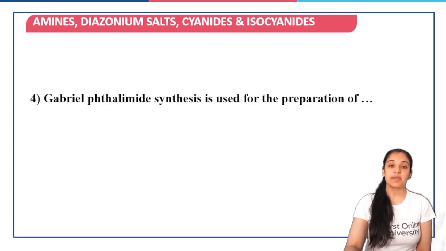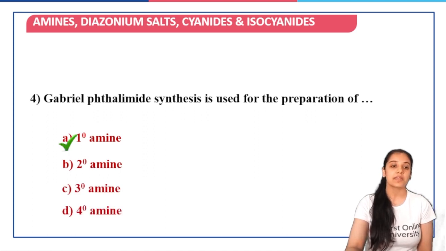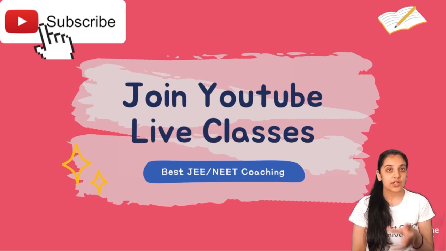Next question is, Gabriel phthalimide synthesis is used for preparation of, we have already seen that it is only and only primary amine that can be prepared by this particular method. So this is all about the preparation of amines. All you have to do is revise this again and again so that you are well versed with the name reactions and the corresponding mechanisms that are involved.